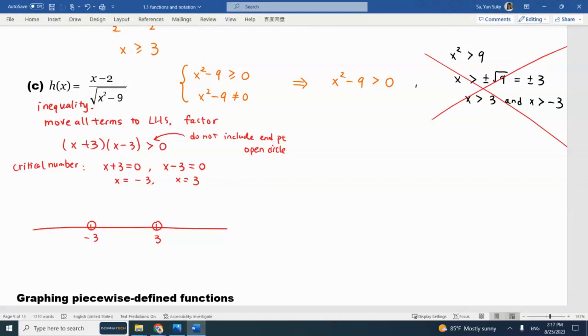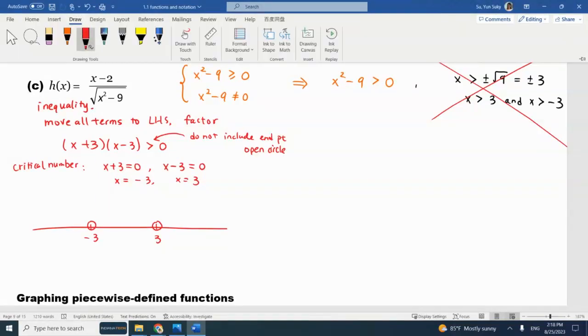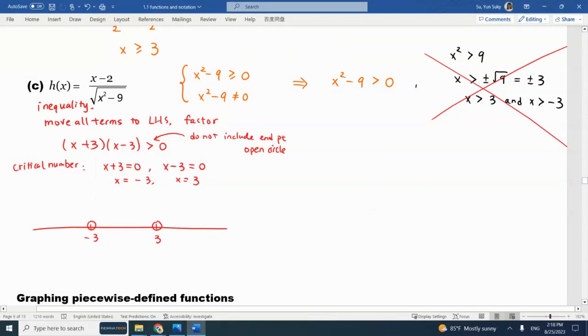Do you see the real number line separated into 1, 2, 3 subintervals, right? In each subinterval, you pick a test point, and then you plug it into the left-hand side to see if it's positive or negative. Can you give me a number in this interval? -5 or -4, both work, and we just need one. Let's do -5.